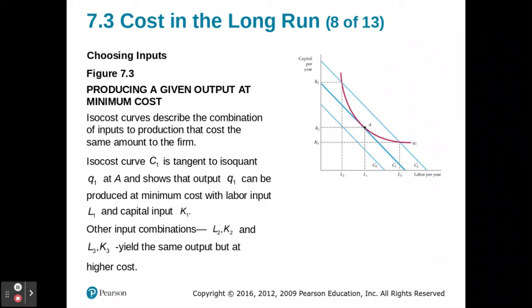The alternative way to do this would be to say, I've only got this certain amount of budget. So what's the maximum production I can get from that budget amount? That would be an alternative way of understanding the optimal choice.